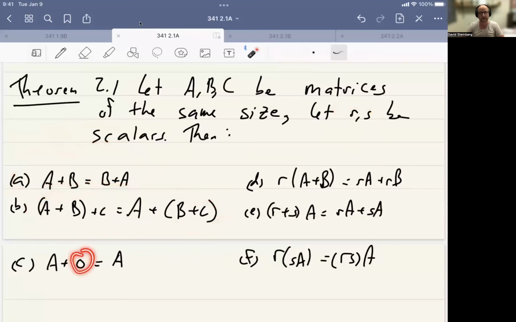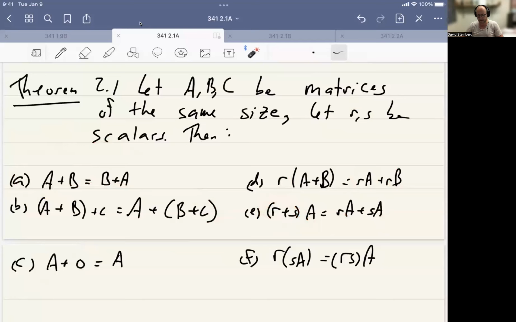We have this 0 matrix with the property that if we add it to any matrix A, we get back A again. If you multiply a sum of matrices by a scalar, that's the same as performing the scalar multiplication first and then the matrix addition. Again, if you multiply a matrix A by a sum of 2 scalars, you could just hit A with each of these scalars and then take the sum.